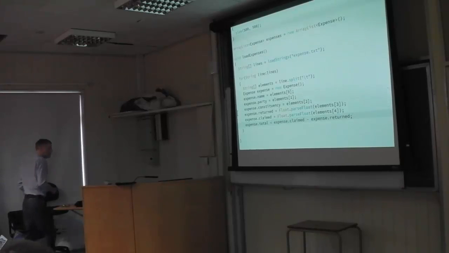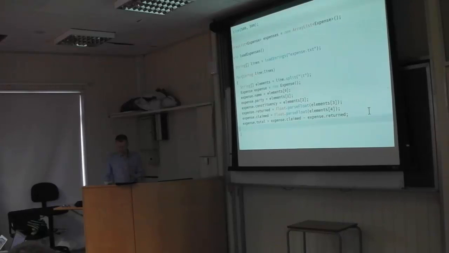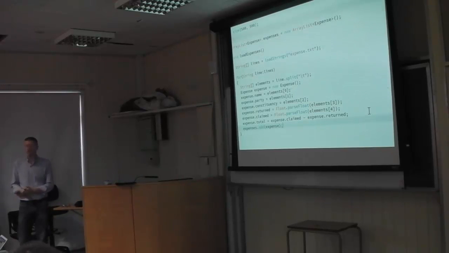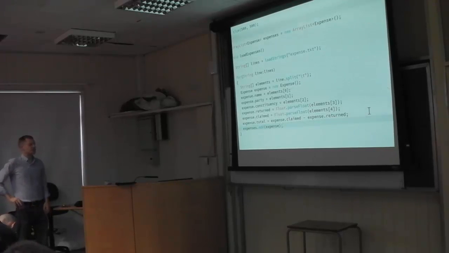Oh, sorry, there's one thing we haven't quite done yet. There's my new expense object, and at some stage I need to go expenses.add the new object that I created. Okay, so that's just going to add that new object to the array list. Is that okay with everybody? I'll leave it there for a couple of minutes, let people take the code down, right?